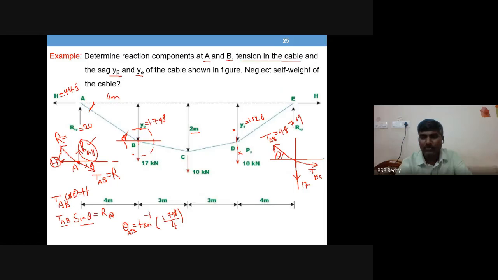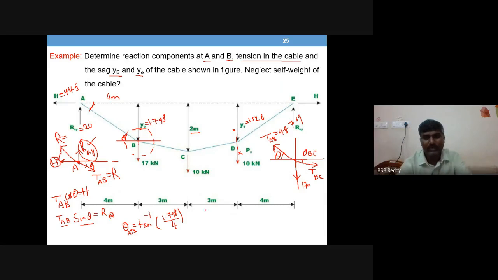So you want TBC, and also theta BC. Now you apply sigma fx equals 0, and also sigma fy equals 0.